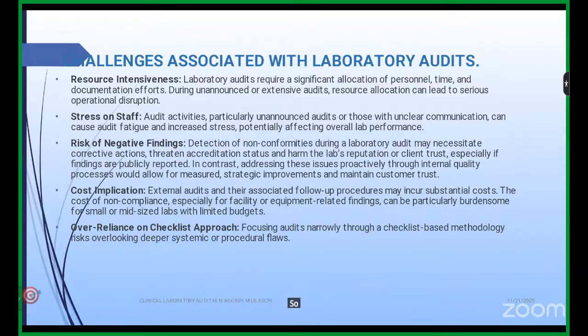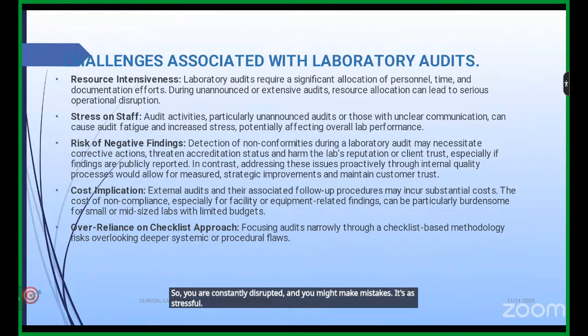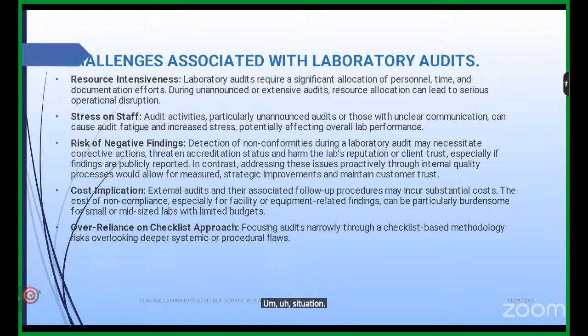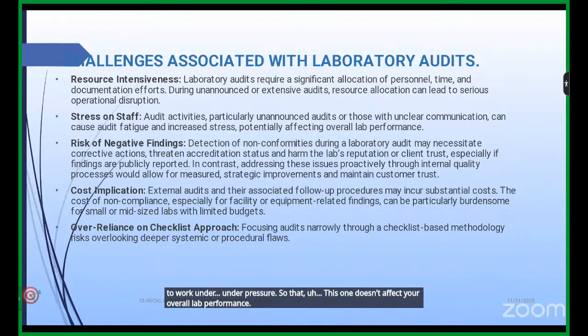So you are constantly disrupted and you might make mistakes. It's a stressful situation. You need to always be prepared to work under pressure so that this one doesn't affect your overall lab performance.